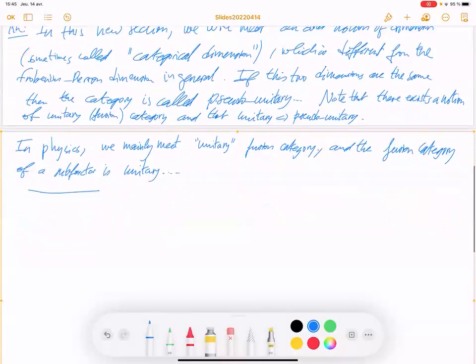So what about the notion of trace? Definition. Let C be a rigid monoidal category. So now we come back to monoidal categories. We will mention also tensor categories, but what we will define now can be defined at the level of a rigid monoidal category.